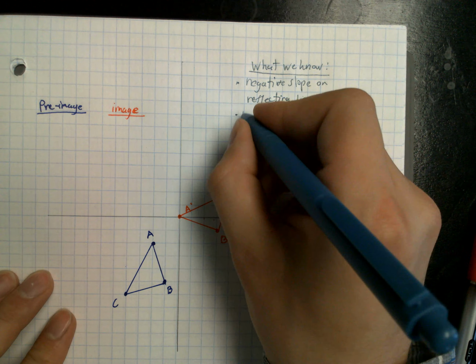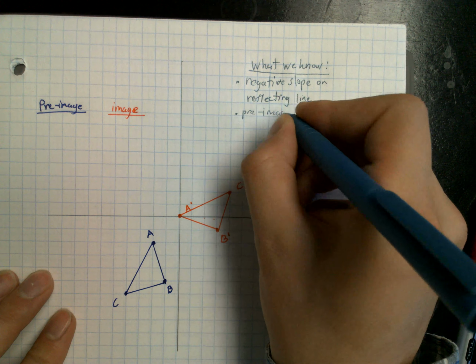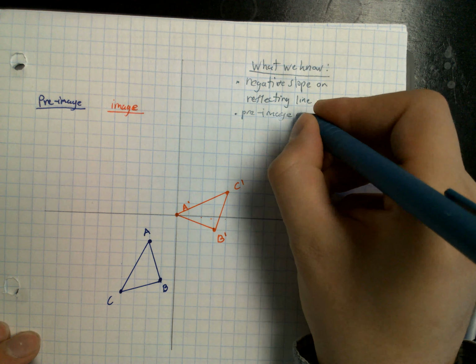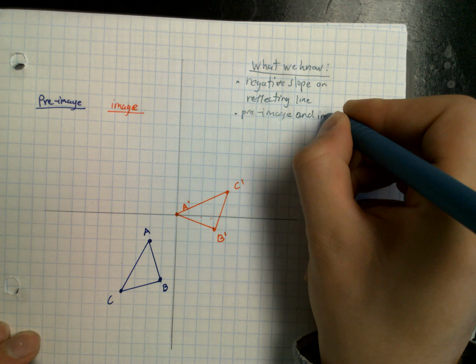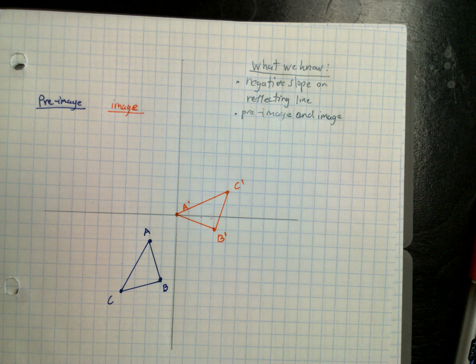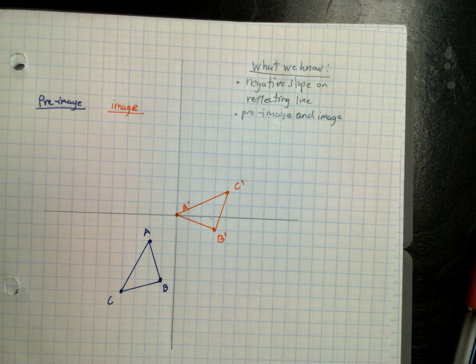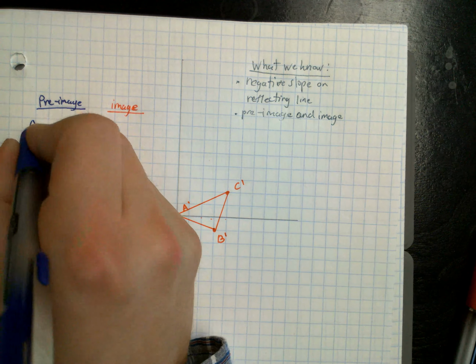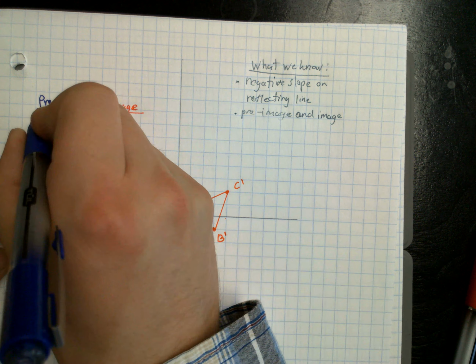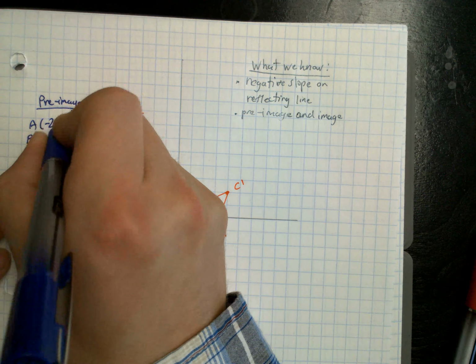We also know the pre-image and image. Right? So we know that stuff. That's good. So let's go ahead and just write that up over here. We have A, B, and C. A is negative 2, negative 2.